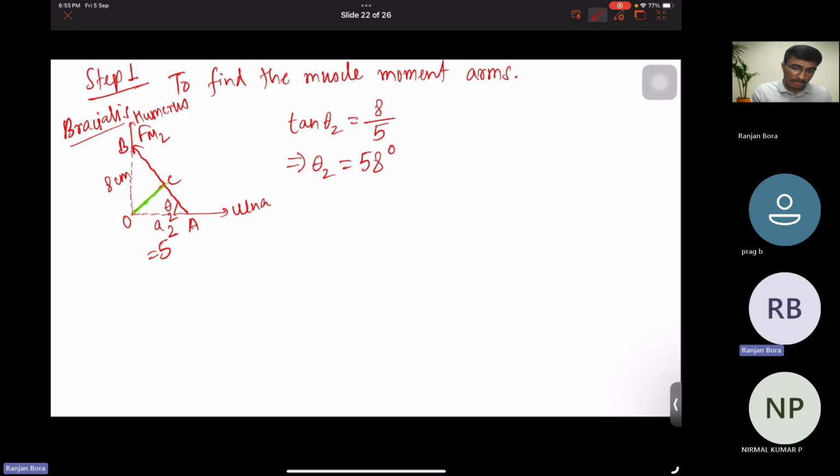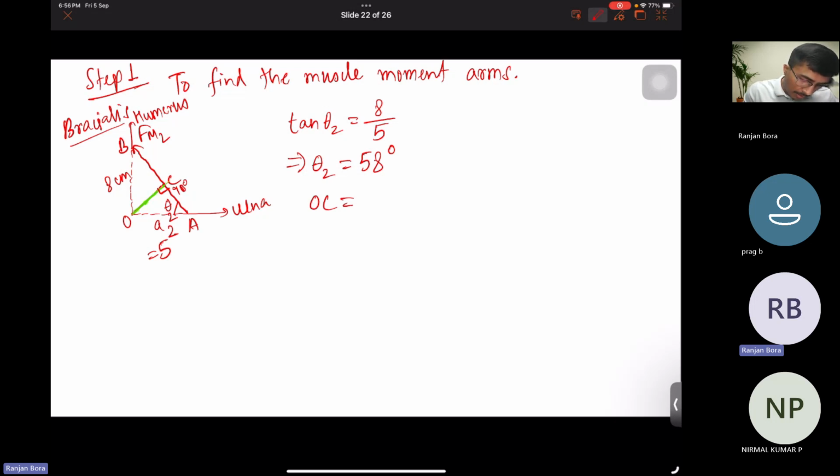So we have got theta 2. Now we can find OC. This angle is 90 degree.